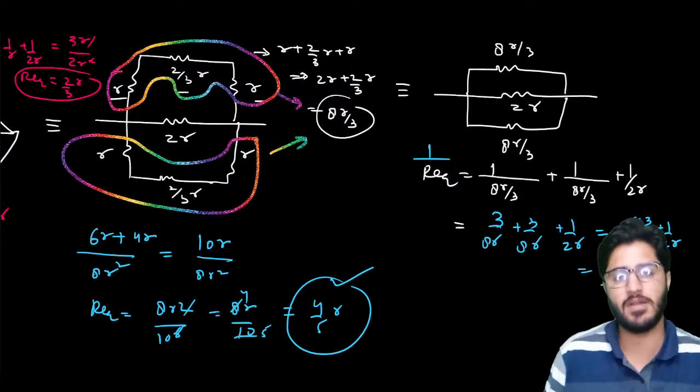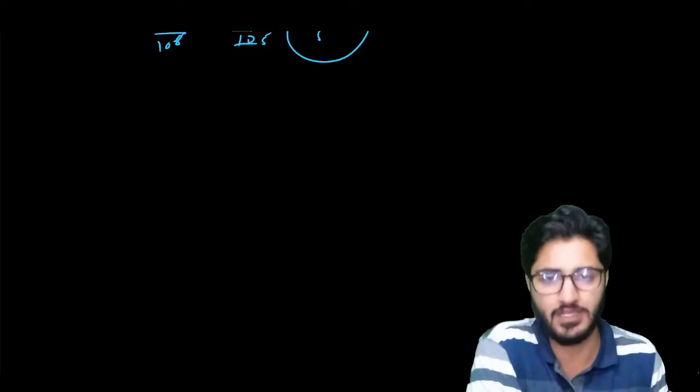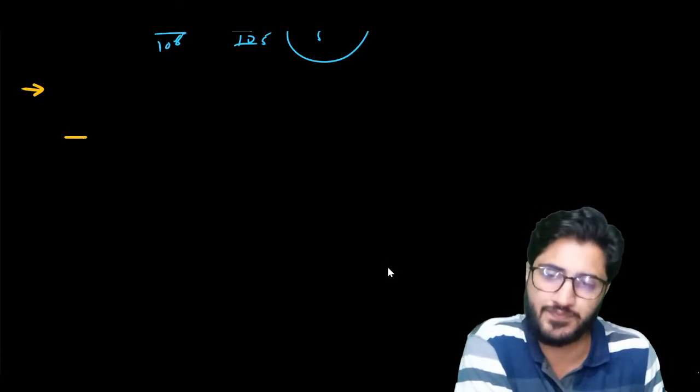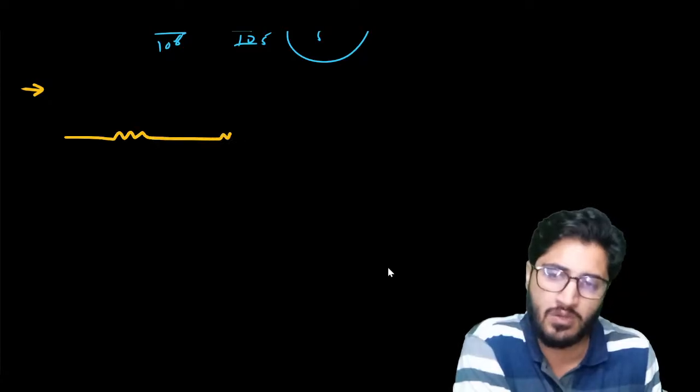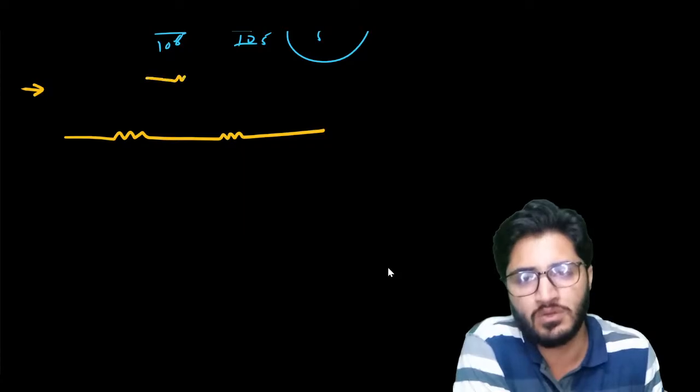Okay, let's do a couple of numericals more now. Then we will shift to the next topic. Okay, next numerical. Same concept. Two resistors here like this, one like this.